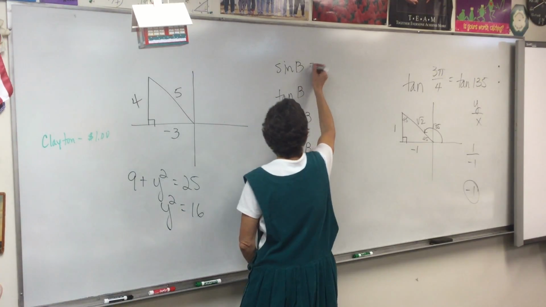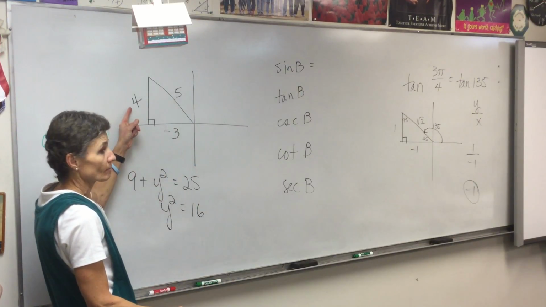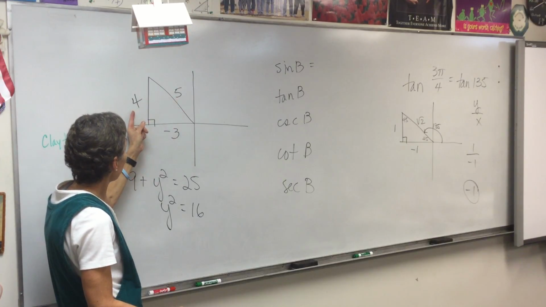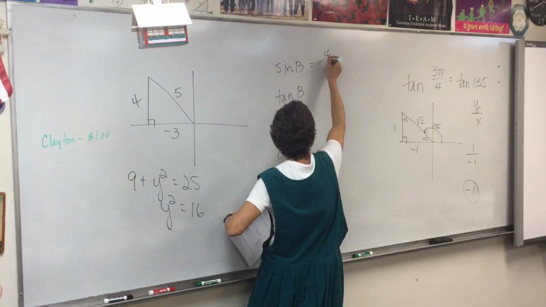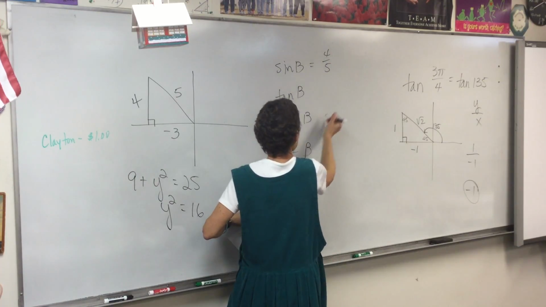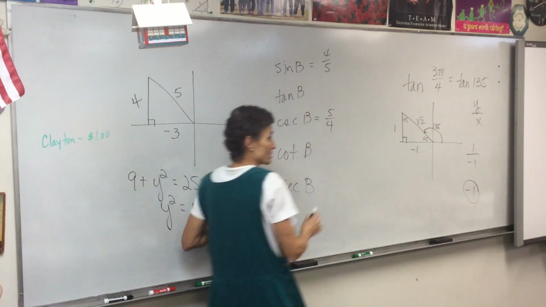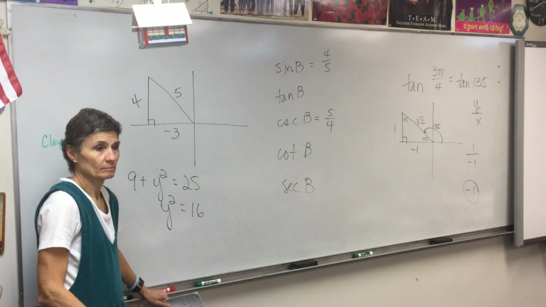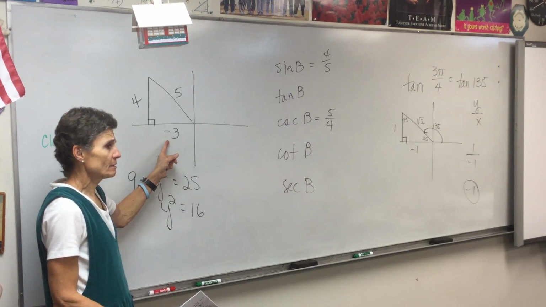All right, now we can fill in the blanks. Here we go. Sine is y over r, opposite over hypotenuse. The sine is 4/5. Would you agree with that? Which automatically means the cosecant is 5/4. Do your reciprocals together. Speaking of that, what was the given?